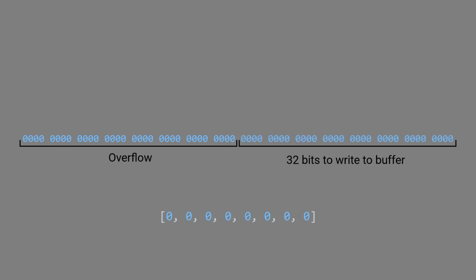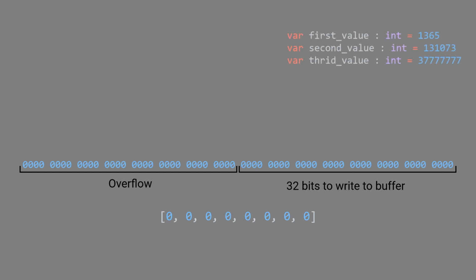Let's take a look at what it's like to write some data to be sent. Here are some arbitrary values that we want to send over the network. Once we have all the data we want to send for a given frame, we can start writing that data to the buffer. Here's our first value, represented as bits. We only need 11 bits to represent the value, so we will write this into the scratch.